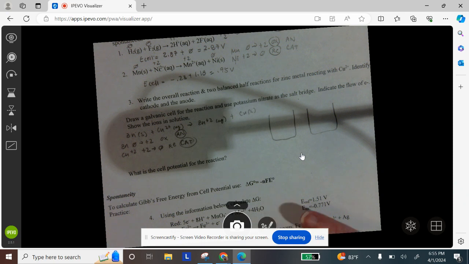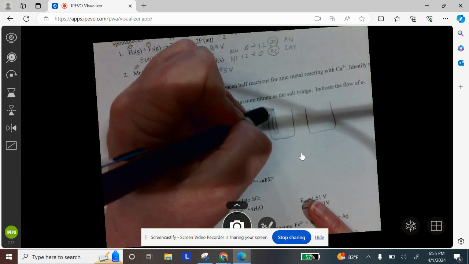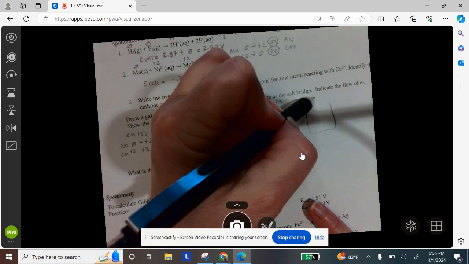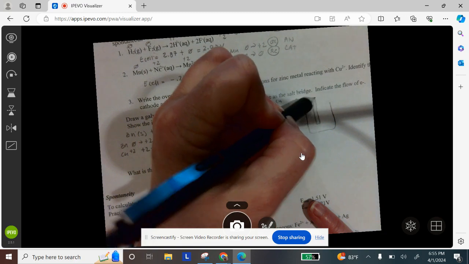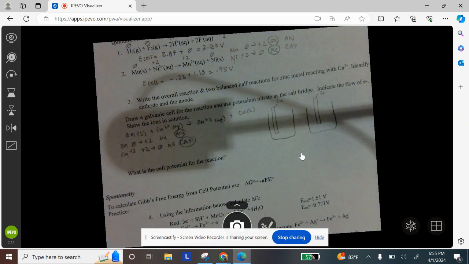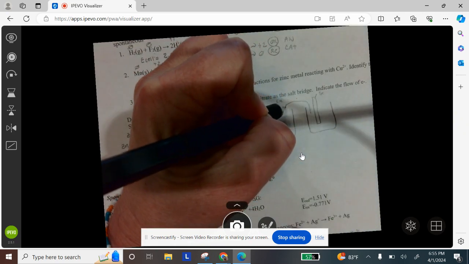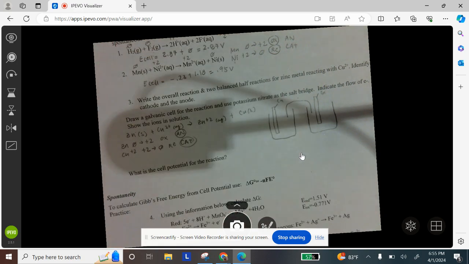We're going to put a piece of, I'm going to say this is copper, and I'm going to say this is zinc. Just label them. And we have to have what's called a salt bridge. A salt bridge is what enables our electrons to flow, because without the salt bridge, we'd have a voltage of 0.